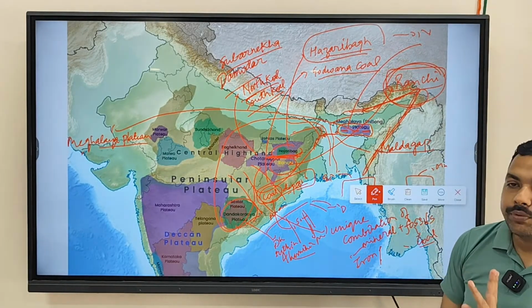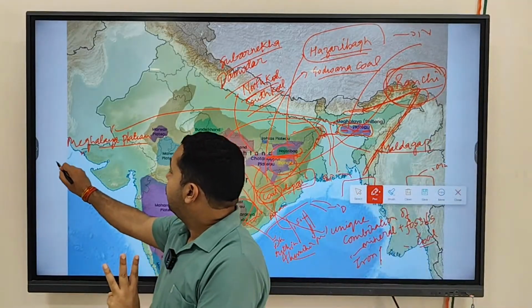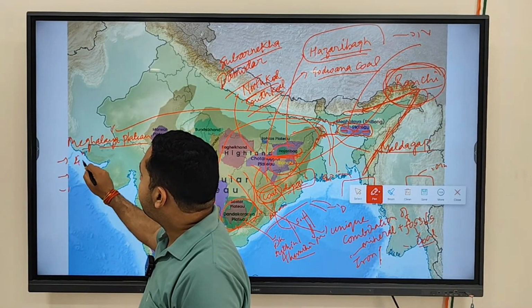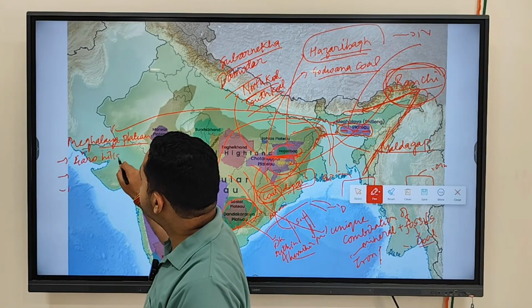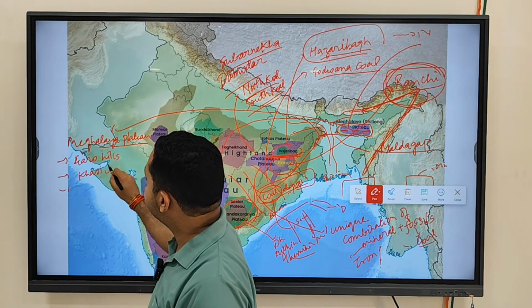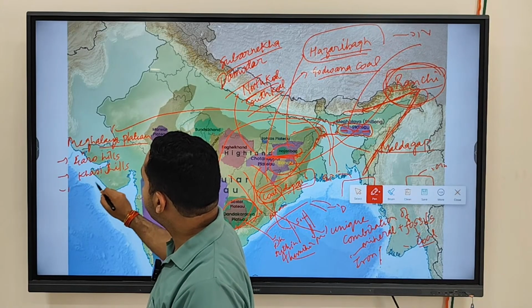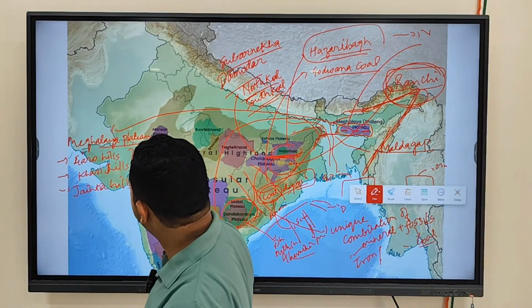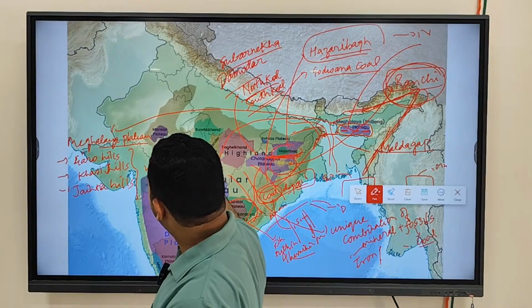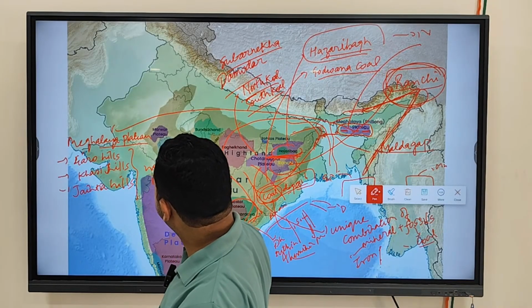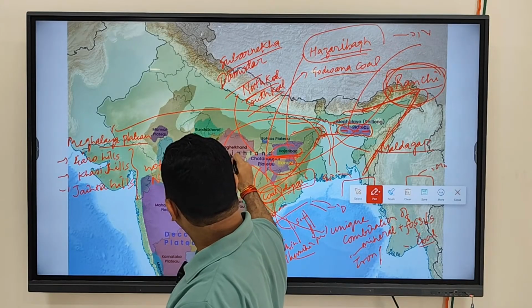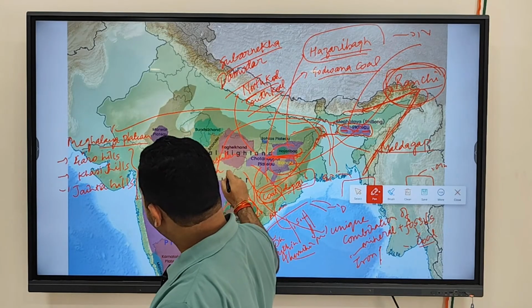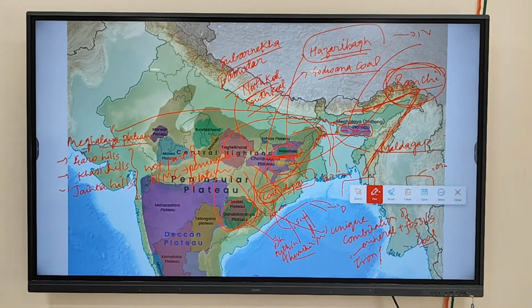The Meghalaya Plateau consists of three important hills: Garo Hills, Khasi Hills, and Jaintia Hills. Remember, these are not part of the northern mountain complexes. They are part of the Peninsular Plateau.